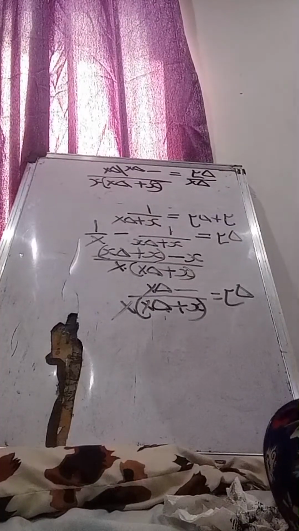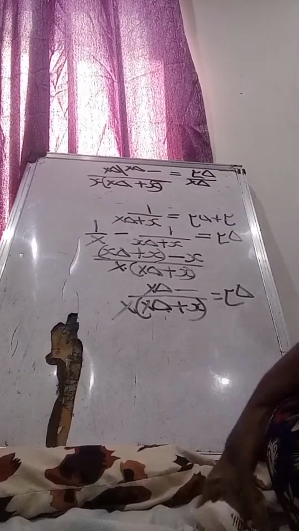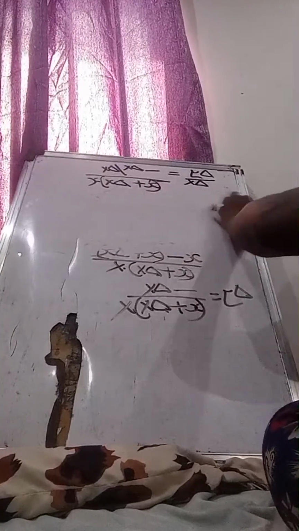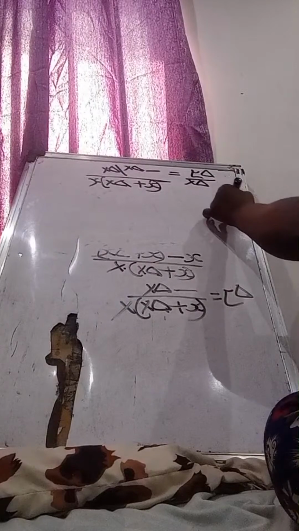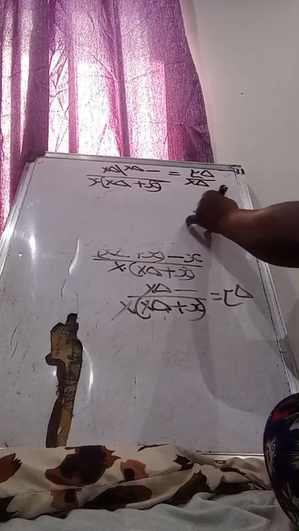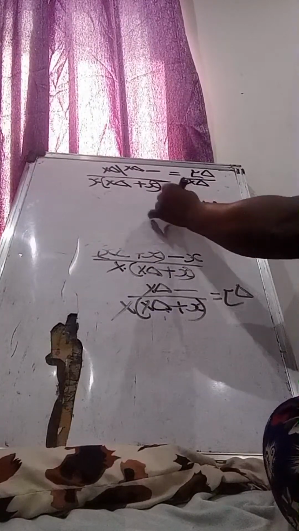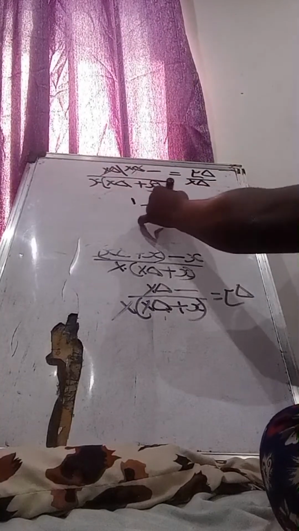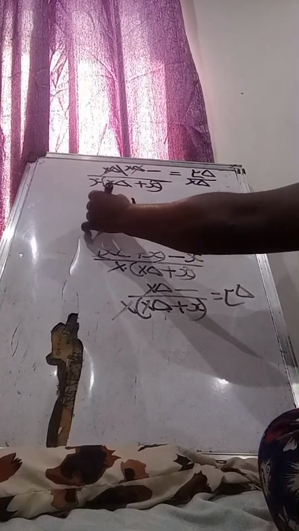So what will be our numerator at the right hand side? Minus 1, because the change in x cancels here. We are left with minus 1 all over x plus change in x, bracket x.